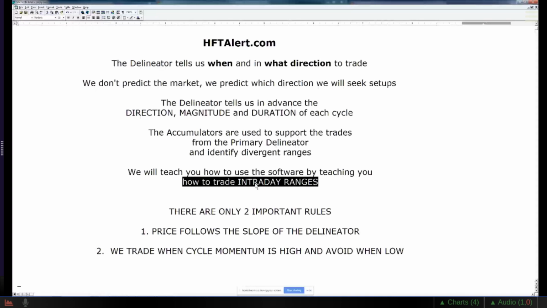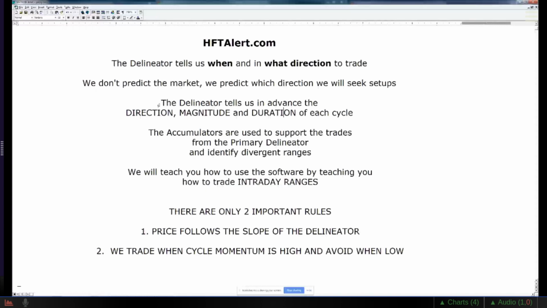We trade intraday ranges, and once you learn how to use the software to trade the short-term ranges, then you can know how to trade the longer-term ranges, because as all of you know, swing trades are much more difficult to trade and expose you to more risk than do intraday range trades that have very specific targets and a very specific means of achieving those.